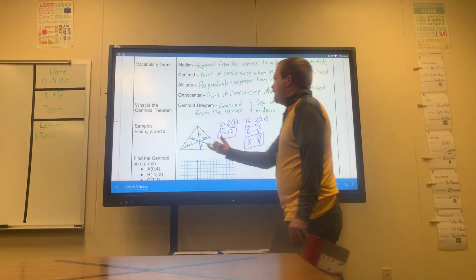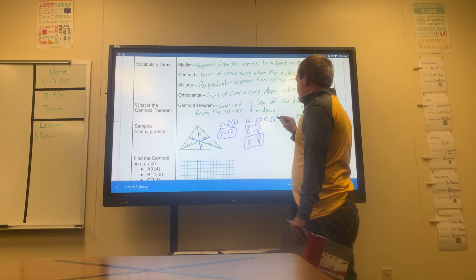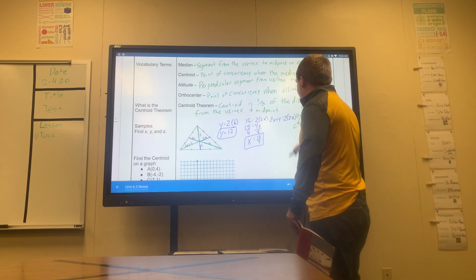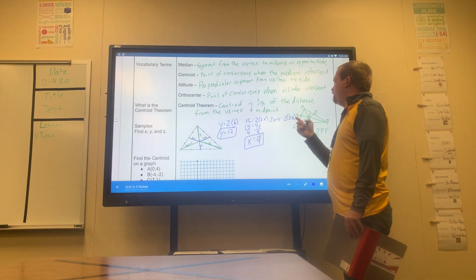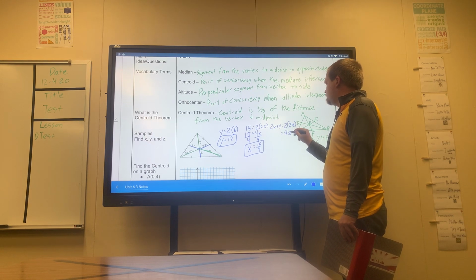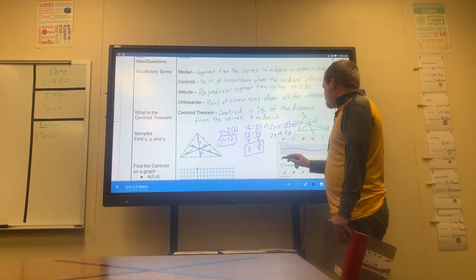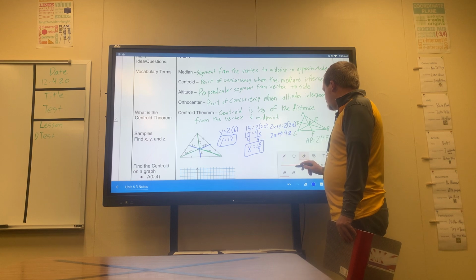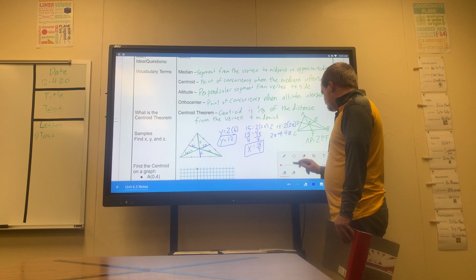Now for z, 2z plus 4 equals 2 times 2z. So now all I have to do is double the 2z, which is 4z. I just realized I made a minor mistake. That's not x, that's z.